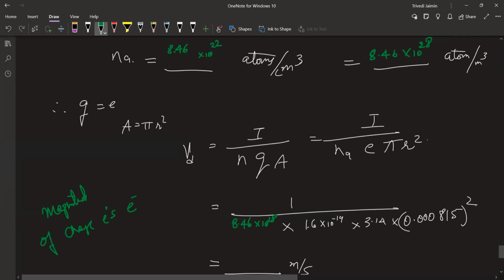Ten to the power 28 and 19 minus 19. Then how many zeros are there? So 8.46 into 1.6 into 3.14 into 8.5 into 8.15. Multiply all this.